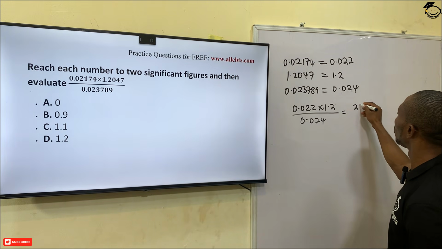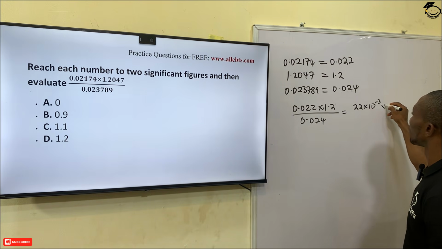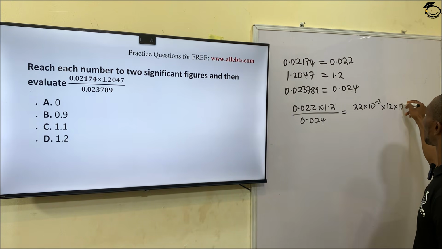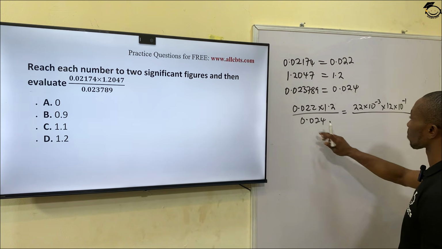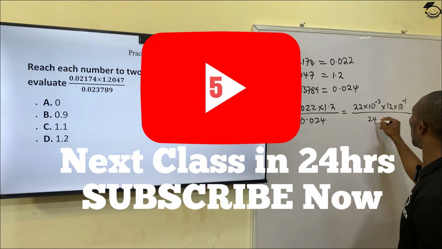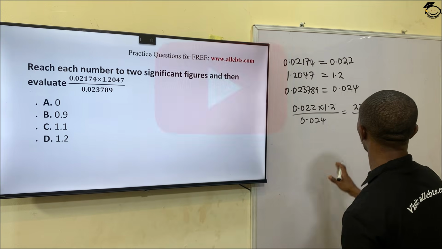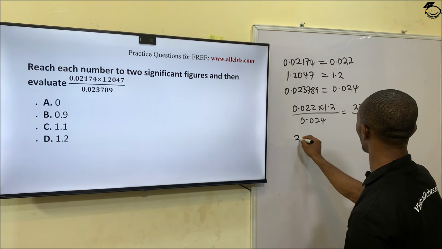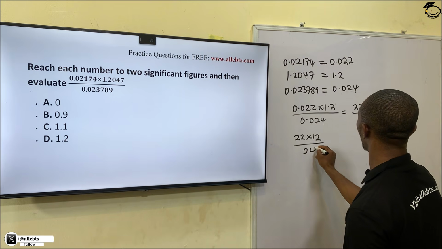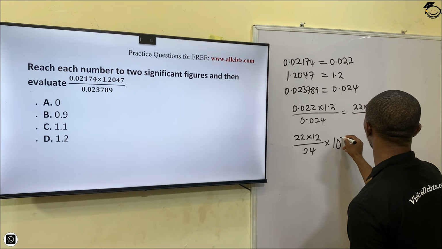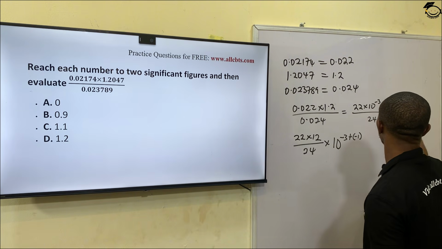So this becomes 22 times 10 raised to the power minus 3, times 12 times 10 raised to power minus 1, all over 24 times 10 raised to power minus 3. Now using our law of indices, this becomes 22 times 12 divided by 24 times 10 raised to power minus 3 plus minus 1.